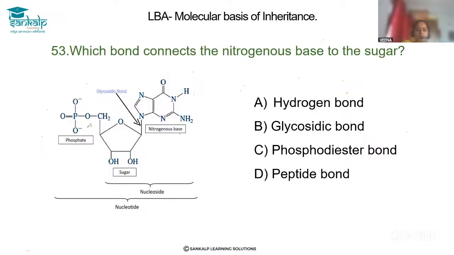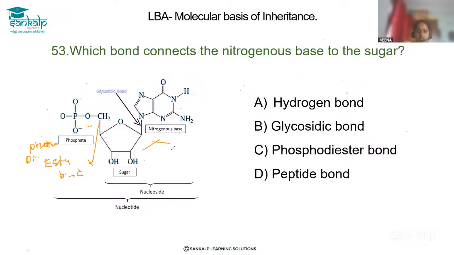In between the phosphate and the sugar, there is a bond called the ester bond, so it is called the phosphodiester bond. And now the bond present between the nitrogenous bases and the sugar.